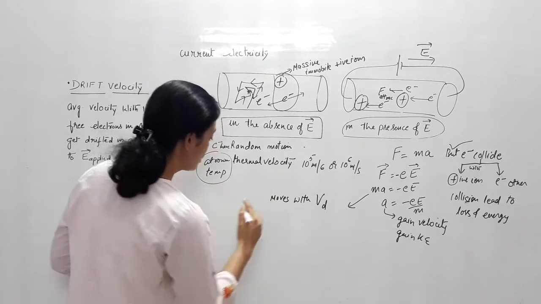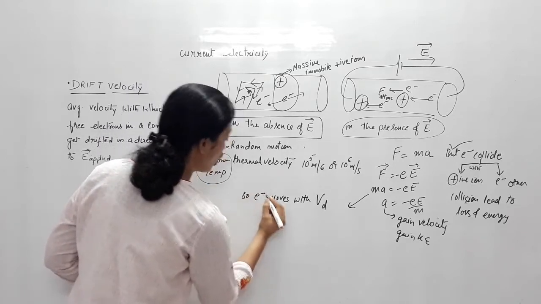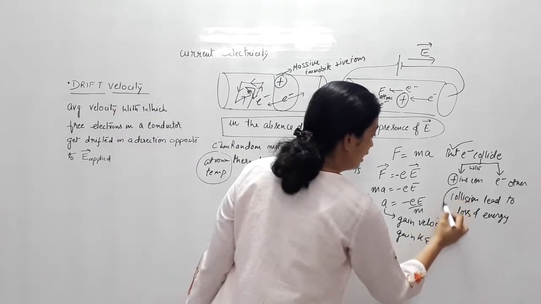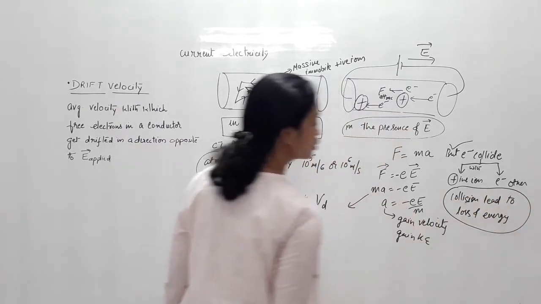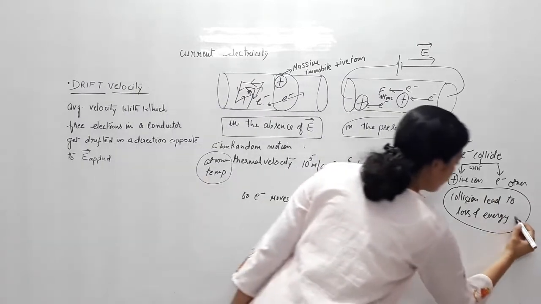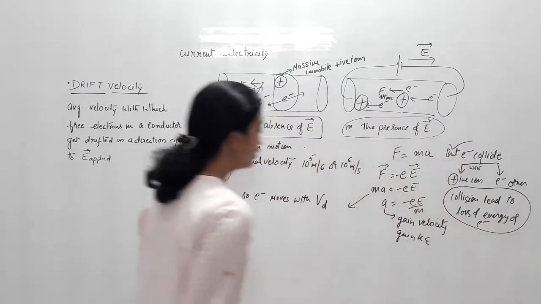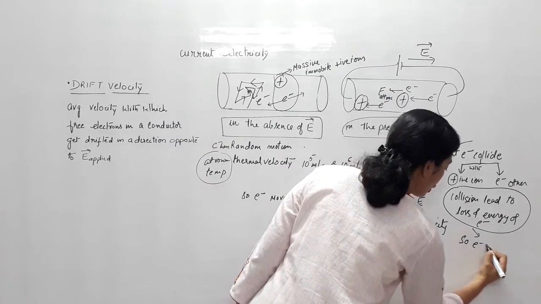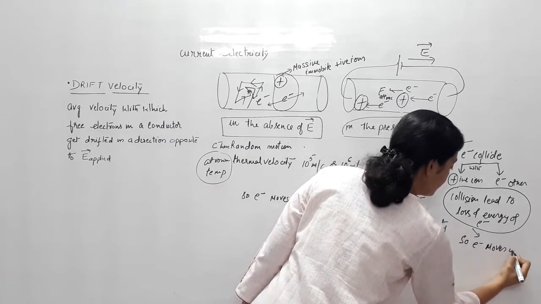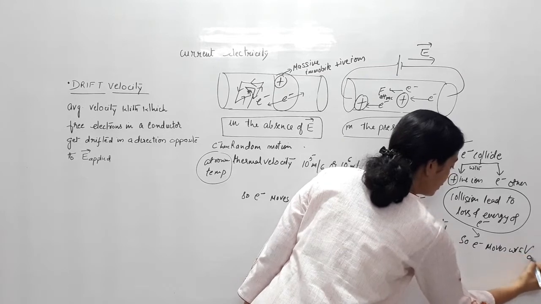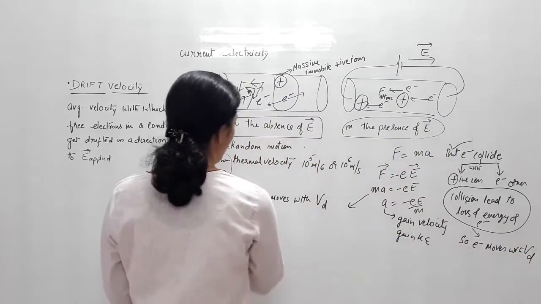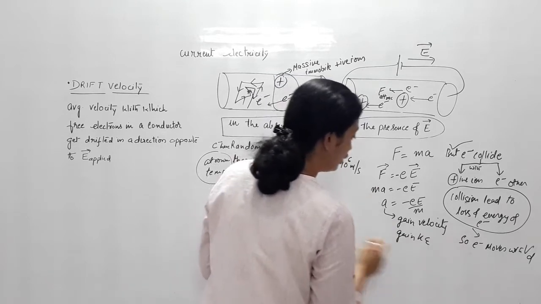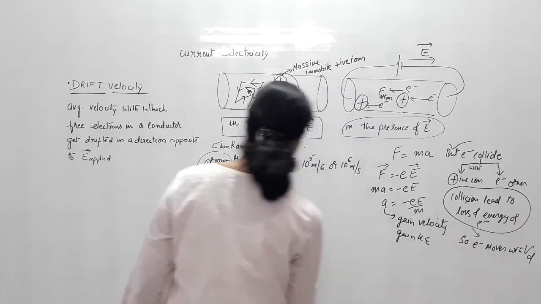Ultimately, the electron moves with drift velocity because collisions lead to loss of energy of the electron. So what is the value of this drift velocity? Let us see the value. The electron moves with drift velocity.